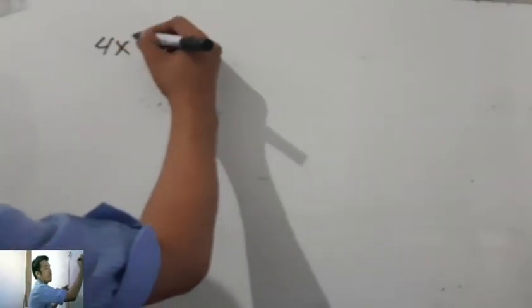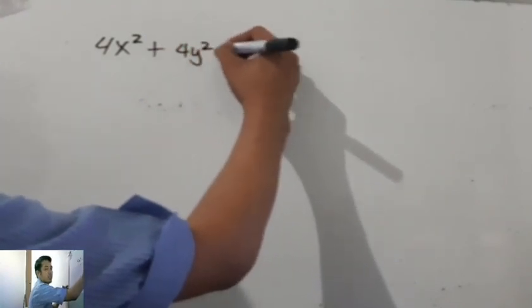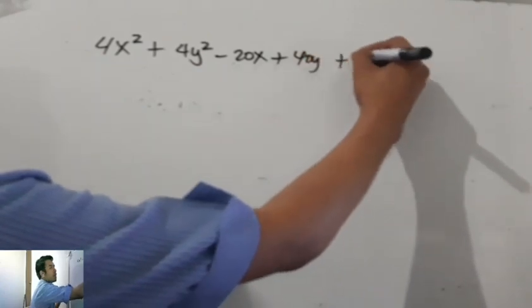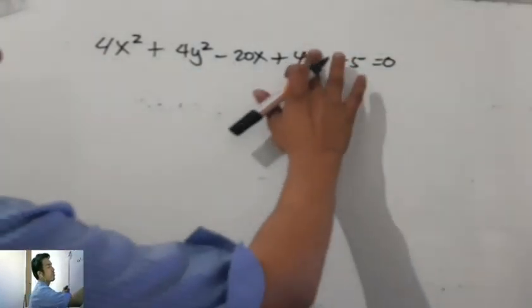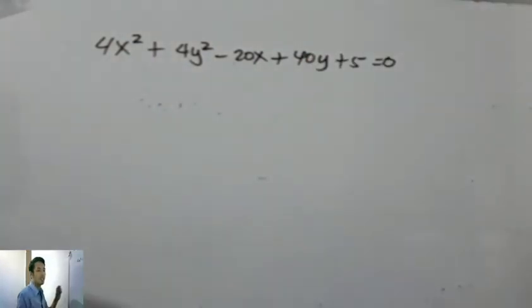Let me rewrite it: 4x squared plus 4y squared minus 20x plus 40y plus 5 is equal to 0.